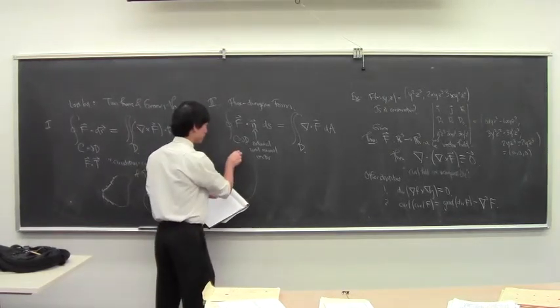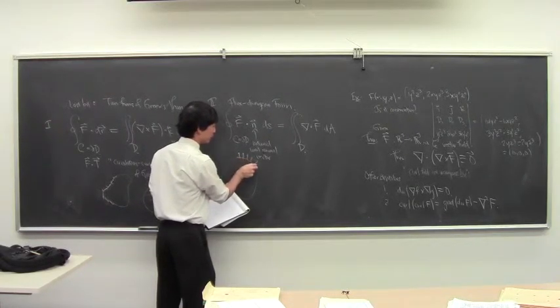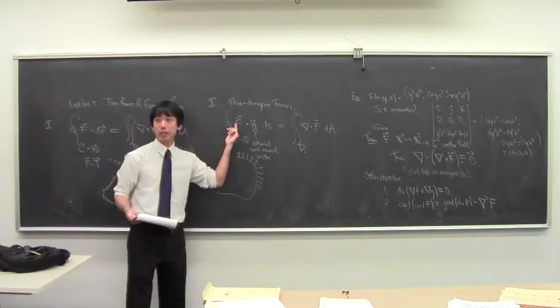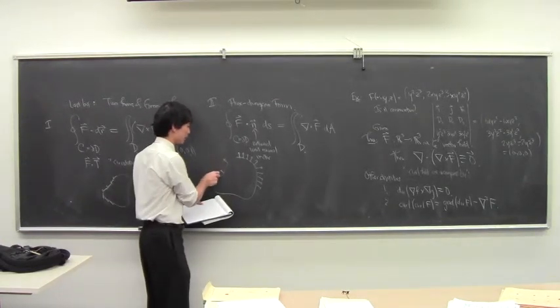Here, at each point, you have the outward unit normal. So it's going to be perpendicular to the curve, and of norm 1. At each point, you take F dot that.